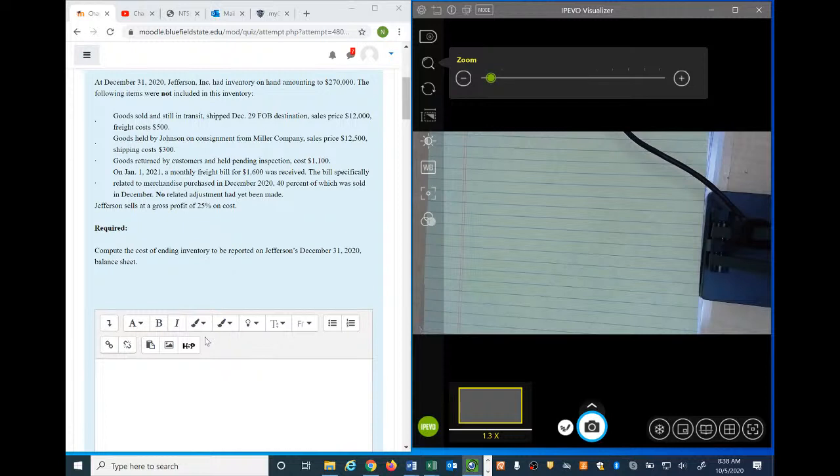right here, okay. So it says at December 31st, 2020, Jefferson Incorporated had inventory on hand amounting to $270,000. The following items were not included in this inventory. Goods sold and still in transit, shipped December 29th, FOB destination, sales price of $12,000, freight cost of $500. Goods held by Johnson on consignment from Miller Company, sales price $12,500, shipping cost $300.